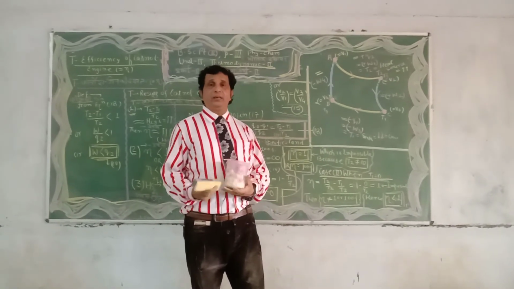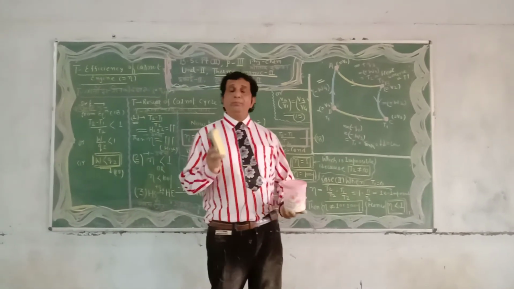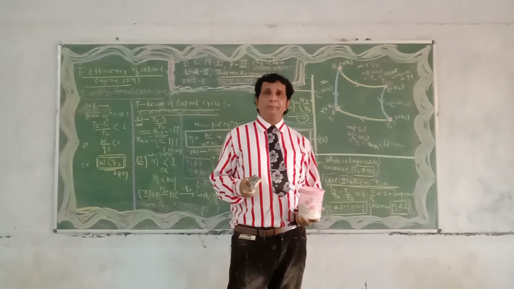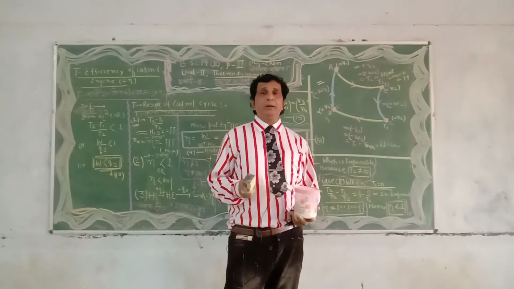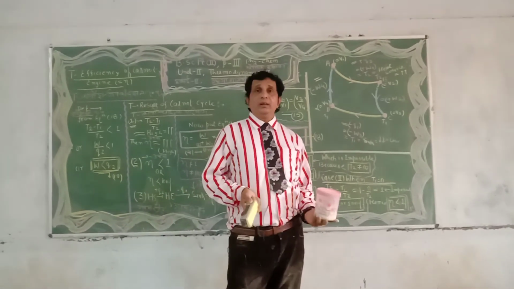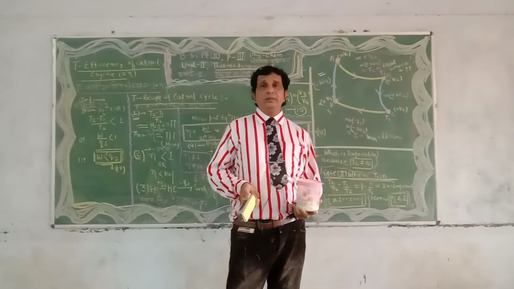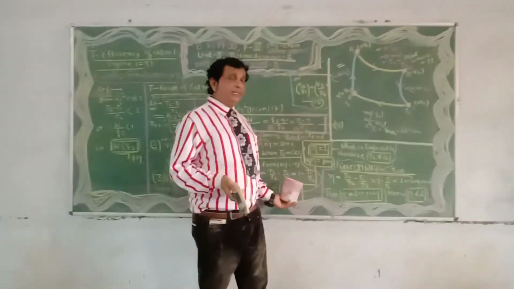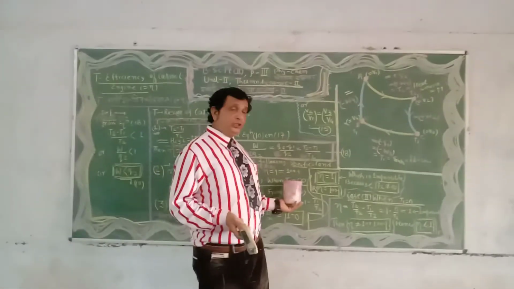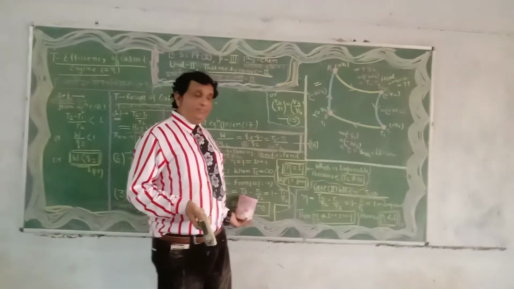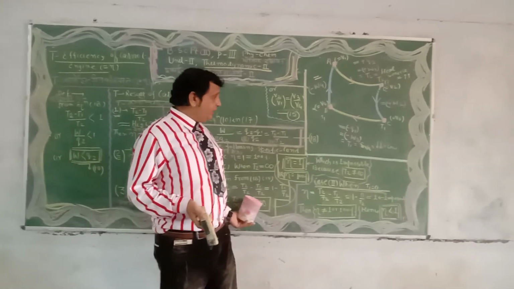Once again, dear students of BSc Part 2, I bring to draw your kind notice to the two important temperatures T2 and T1, and in which cases eta may be expressed as unity. First, when we assume T2 is equal to infinite, the efficiency is expressed as 1.